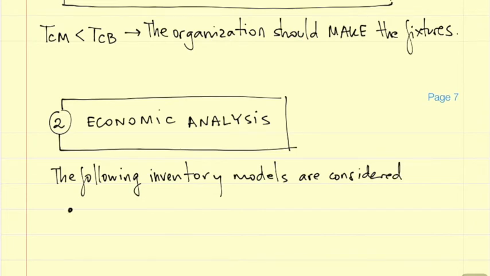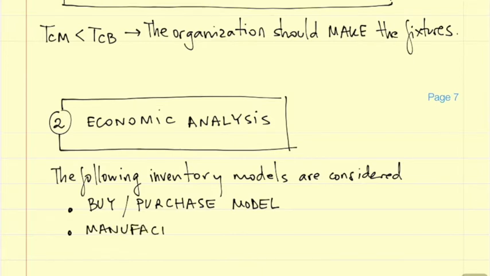First, we have a buy or purchase model. And then we have a manufacturing model. Okay. So this is 2.1. And 2.2.